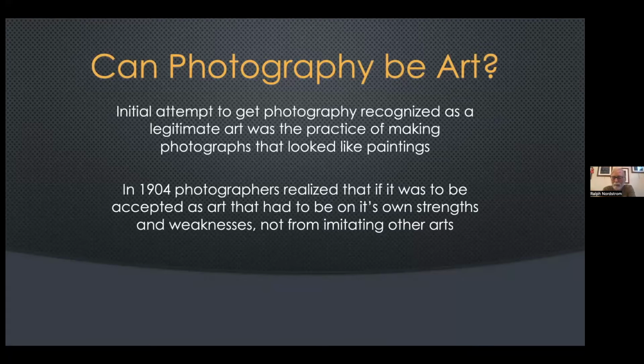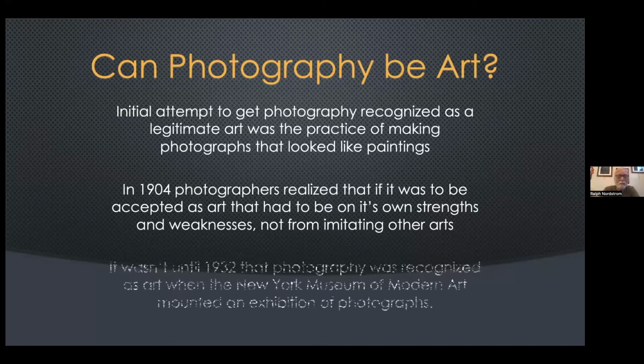But that lasted from, let's say, 1850 to a little after 1900, when they said, hold on a second, we're imitating painters. We're using cameras and the development and processing techniques to imitate painters. If photography is going to be considered an art, it has to be done on its own strengths and weaknesses. It can't be imitating other media.